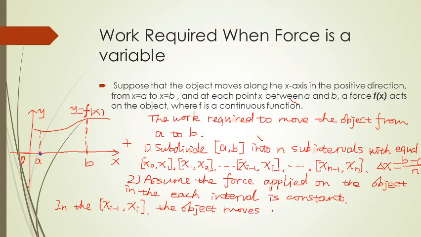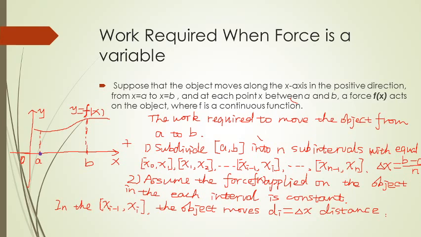I can mark it as di, the distance in the i-th interval. In each subinterval, the object moves this delta x distance. And then assume the force F(x) applied on the object in each subinterval is constant.